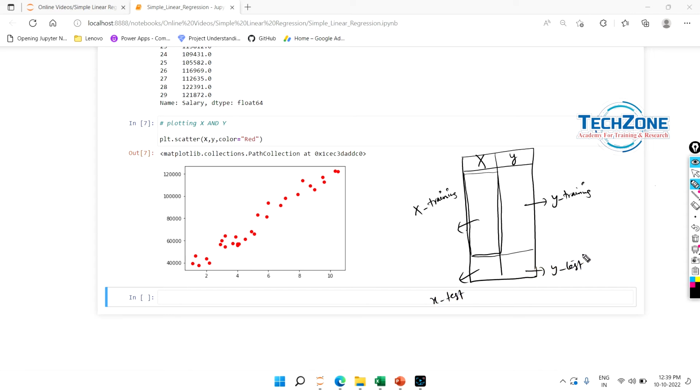We feed the x training values and y training values to our model. Our model will learn from this. In the training phase we give x values and y values to our model. That means we are giving the questions and we are also giving the answers to the questions.